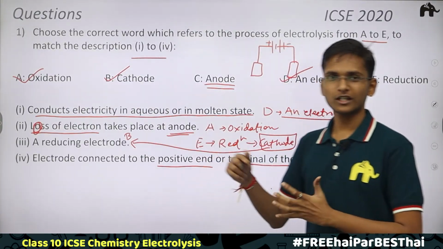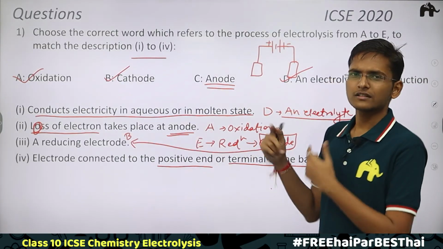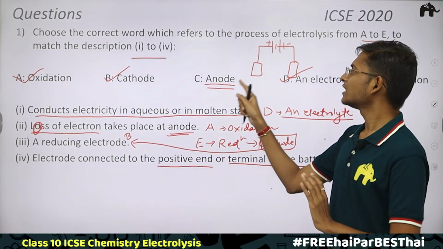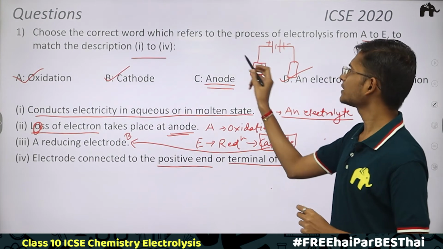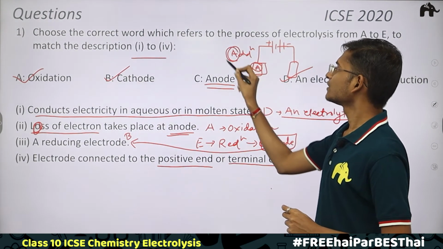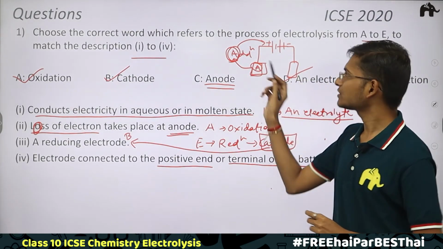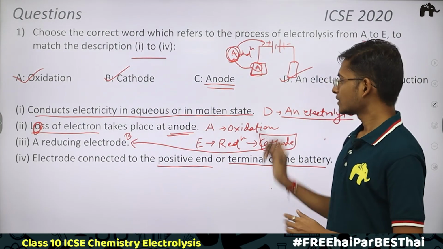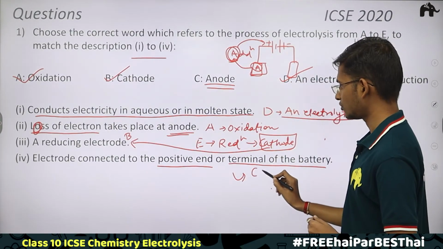But the right way is not to just eliminate options. We can also figure it out from knowledge: the electrode connected to the positive terminal is an anode. And how to remember it? Anode A, addition A. Addition means plus, so the anode is connected to the positive terminal. Clear? So the answer is C, anode.